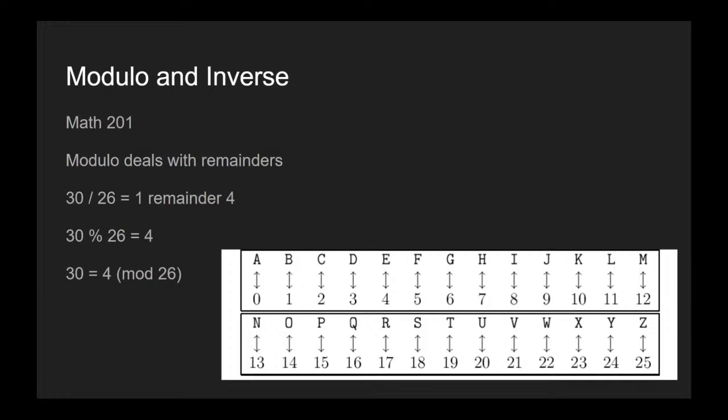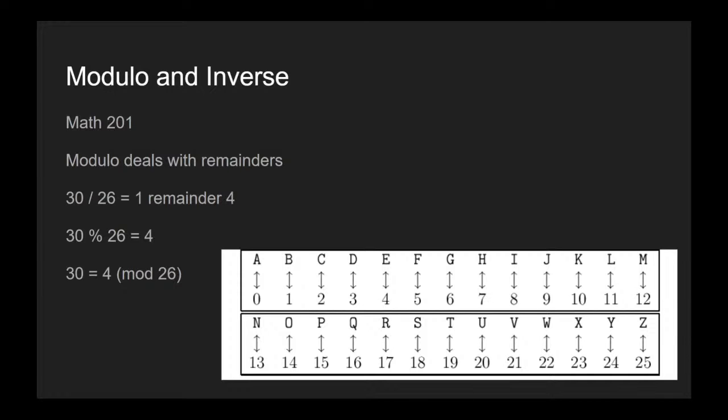So modulo, basically it just means remainders. When you have division, like 30 divided by 26, typically we care about the 1 because that's the whole number that evenly divided it, and sometimes we forget about the remainder, about the decimal point. But modulo says, no, we should care about that remainder.